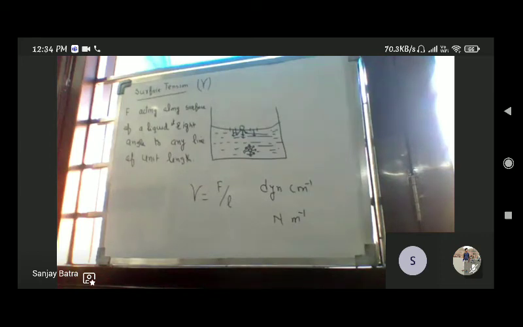Another definition. Phenomena due to which surface of a liquid behaves like a stressed membrane. हो गया बच्चों?